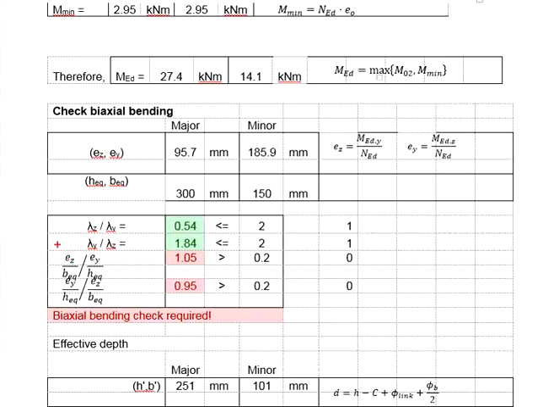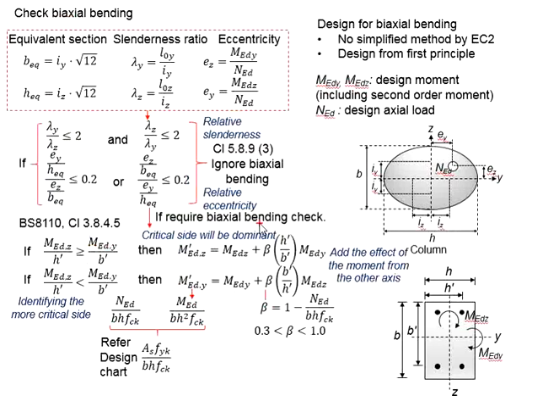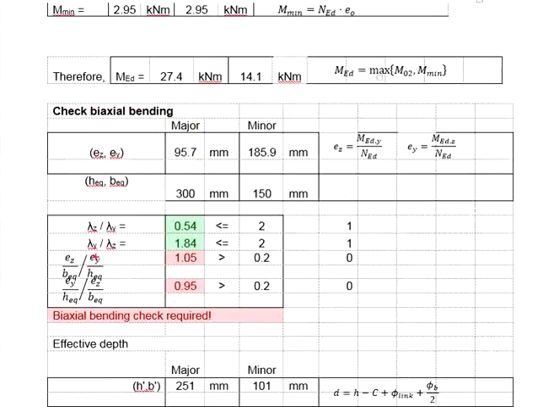Then you substitute those values into the equations as expressed in this manner. EZ divided by the B equivalent, the whole thing divided by EY divided by H equivalent. You get 1.05.